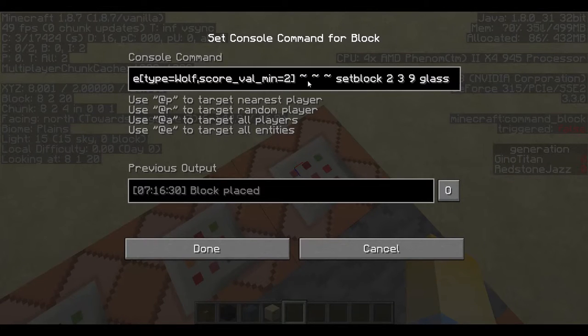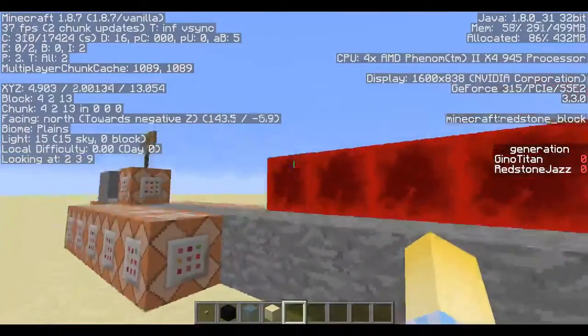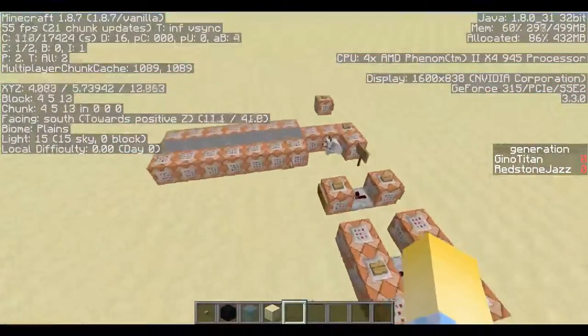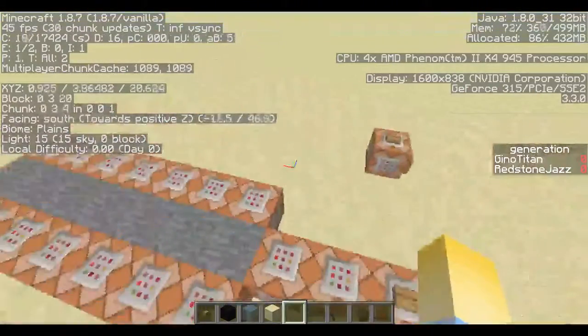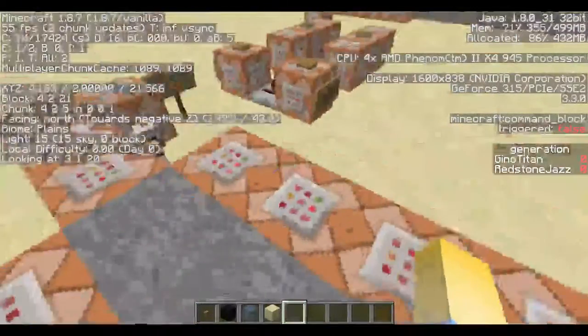So what we do is we check if the wolf has at least 2, and if it does, then it's going to set this block to glass. So that's why 255 worked, or 254. So either of those would have worked.